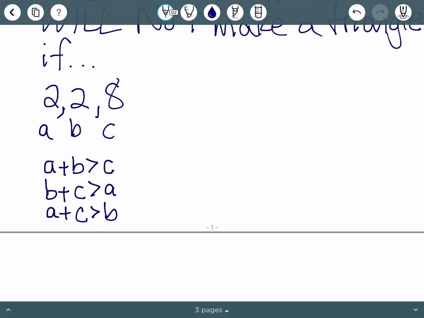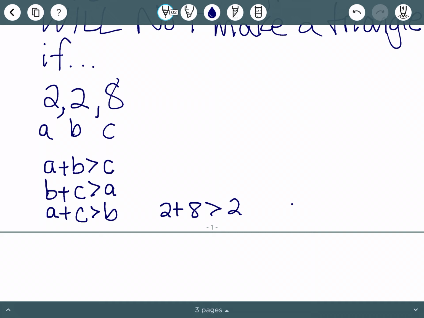All right, so let's go ahead and start plugging in some sides to see if they work. I'm actually going to start from the bottom up now. So let's say we have A plus C and it has to be greater than B. Well, A is 2, C is 8, and B is 2.